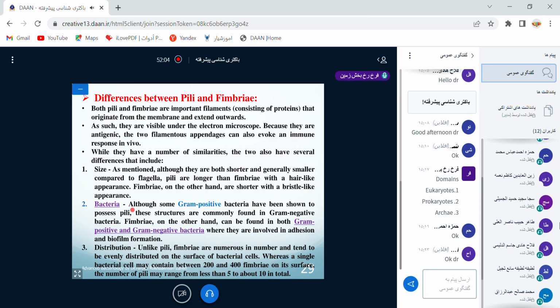Although some gram-positive bacteria have been shown to possess pili, these structures are commonly found in gram-negative bacteria. Fimbria, on the other hand, can be found in both gram-positive and gram-negative bacteria, where they are involved in adhesion and biofilm formation.